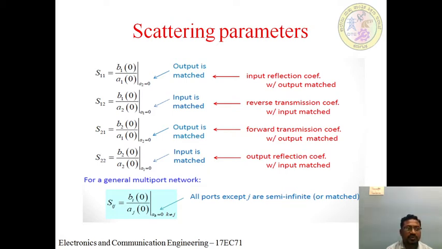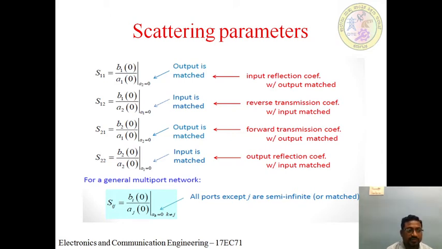Then in order to calculate S21, we have to consider a2 equal to 0. If a2 is equal to 0, then S21 is equal to b2 divided by a1. That is, output is matched, and it is the forward transmission coefficient with the output matched. Then for calculating S22, we have to consider a1 equal to 0.